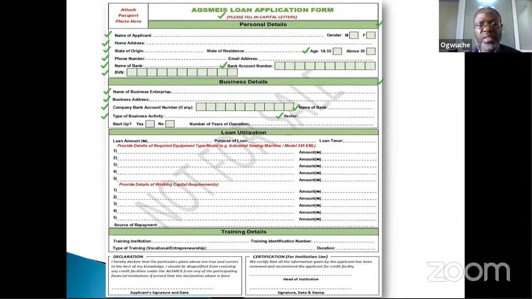We looked at ICT, media and publishing, and a host of others. So you get to know the difference between the business activity or line of activity and then the sector of that business. All right, startup: is the business a startup? We discussed that at length already. If it's yes, you say yes. If it's no, say no. If it's no, then it means it's an existing business.